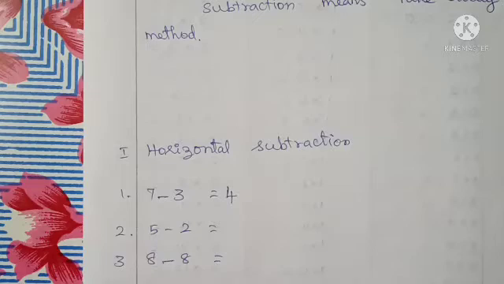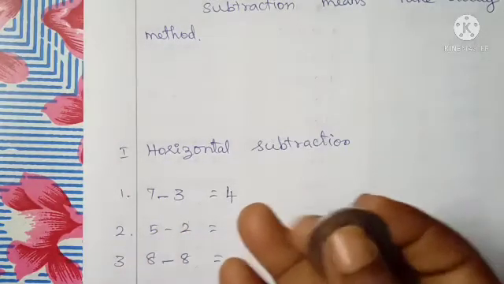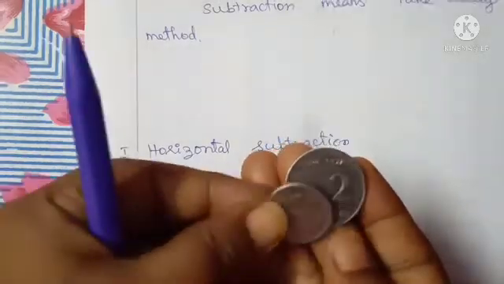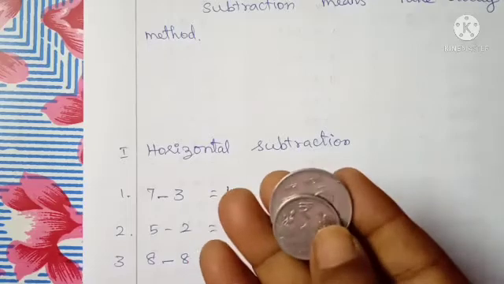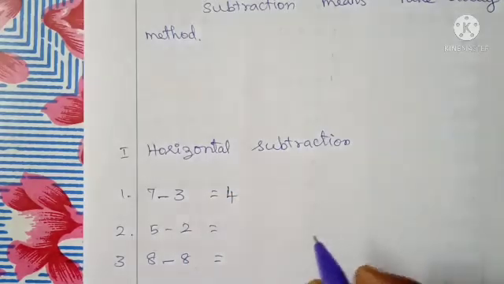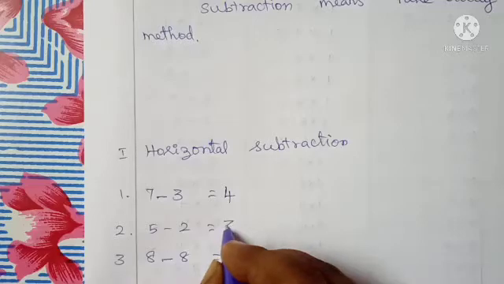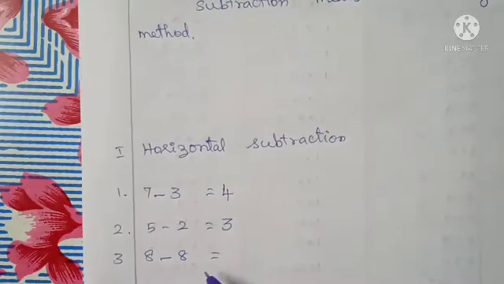So 5 in the mind, 2 in the finger. Say the counting before 5: 4, 3. So the shopkeeper gives a balance of 3 rupees. Is a 3 rupees coin available? No. A 2 rupees coin and a 1 rupee coin added, 2 plus 1, make 3. Write the number 3.